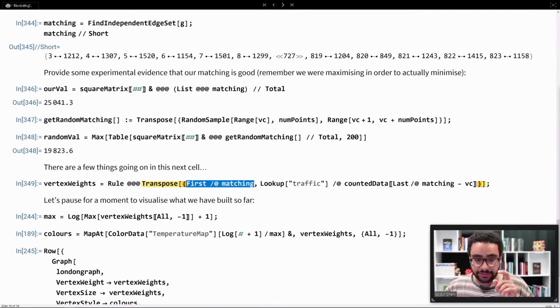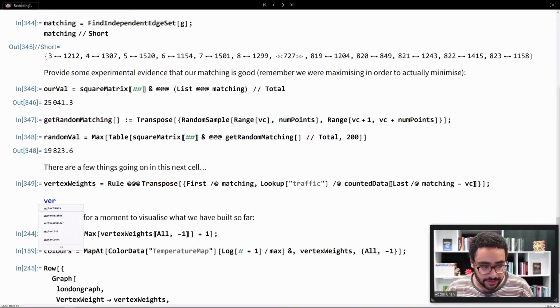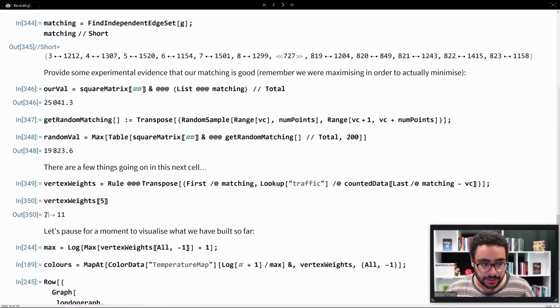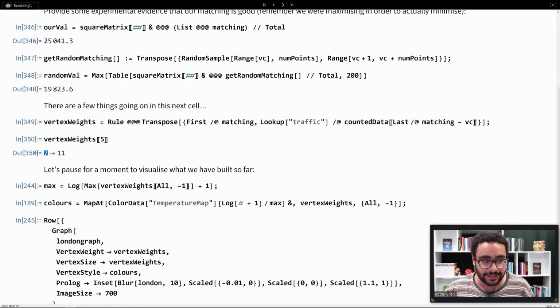We line them up with the left-hand side of the matching, and then we take the rules. So we transpose and then draw the arrows. So basically, vertex weights, this thing that we just did, the fifth thing is saying this vertex is pointing to this vertex and gets this much weight.